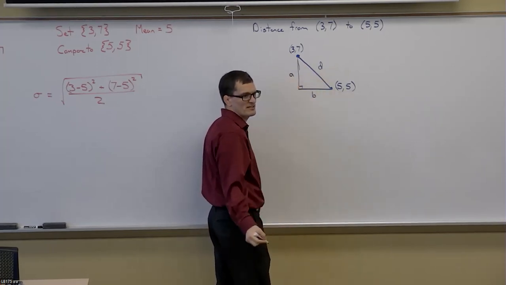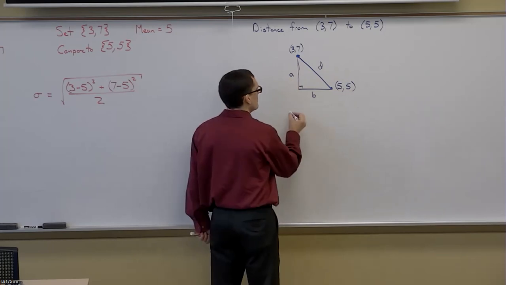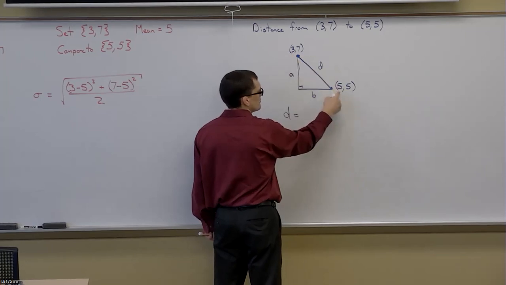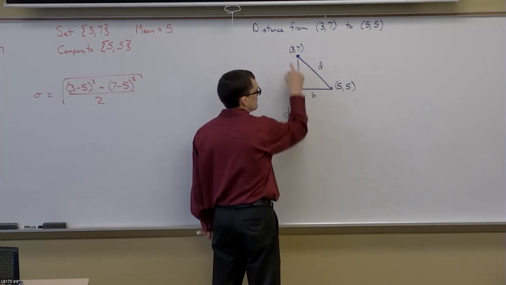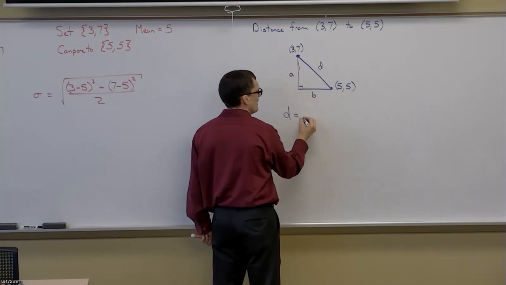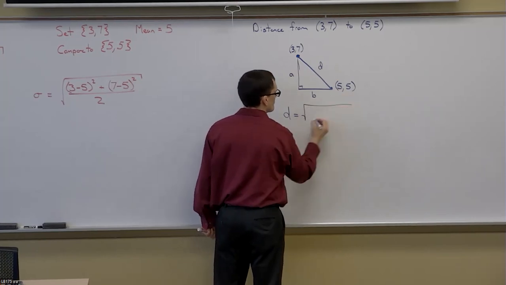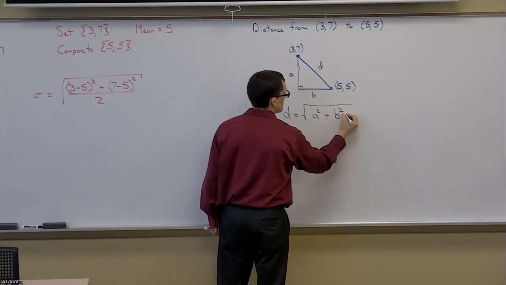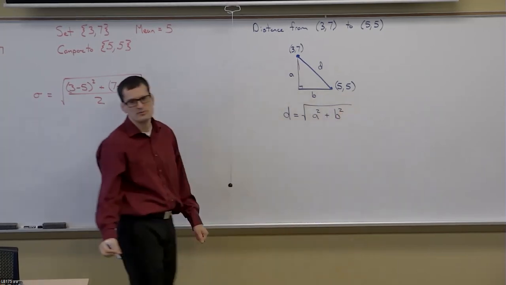That's the Pythagorean theorem. So the distance from this point to that point is the square root of A squared plus B squared. All right, that's just the Pythagorean theorem.